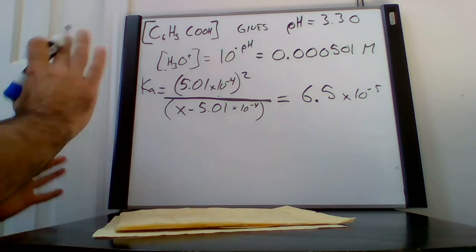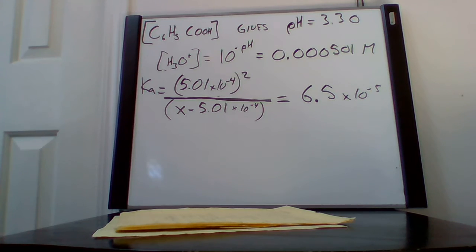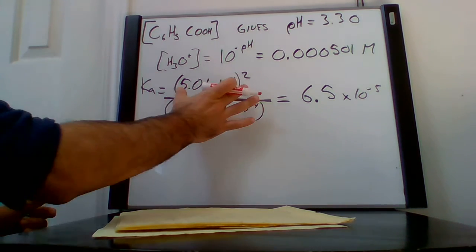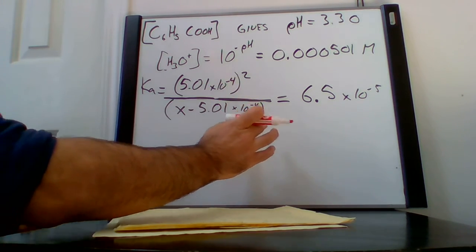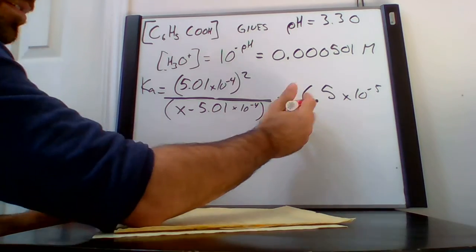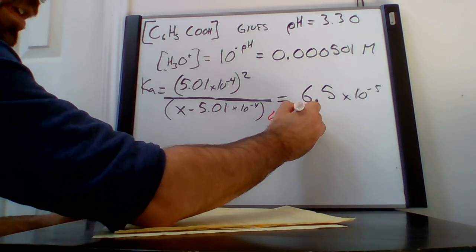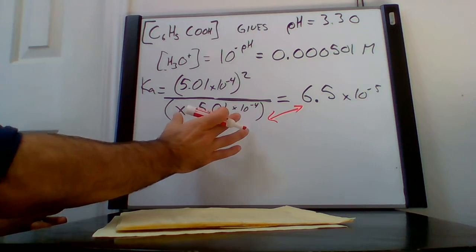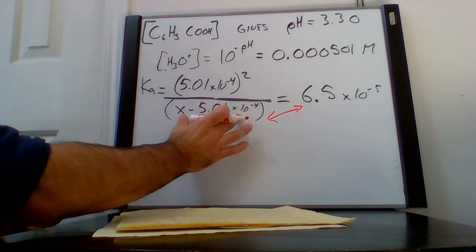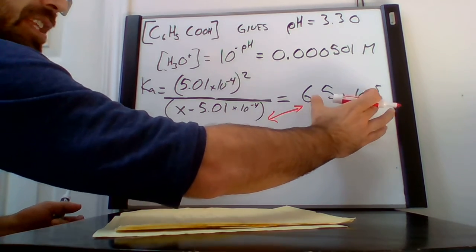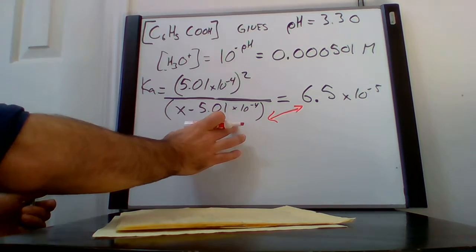I'm not going to show all the steps here, but we've got numbers squared. And if I switch those two places, I'm going to multiply both sides by this value to move it over here, and I can then divide both sides by this value to move it over here.